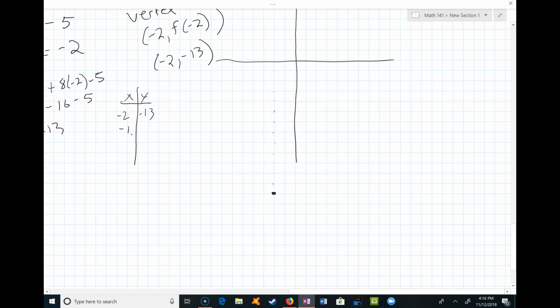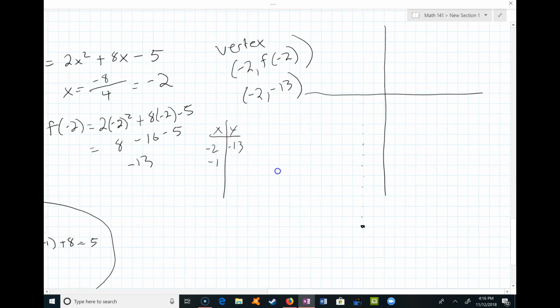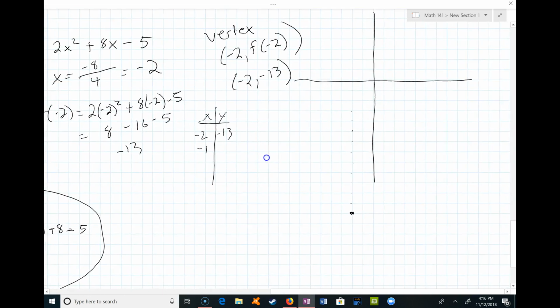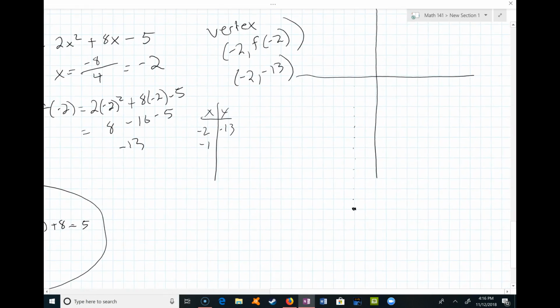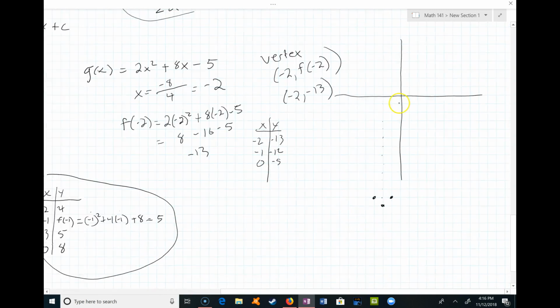Put in negative 1. If I throw a negative 1 in there, you can do that on the side, but what you'll get is negative 12. And since that works, we know this one also works. If I plug in 0, we will get negative 5. 1, 2, 3, 4, 5.